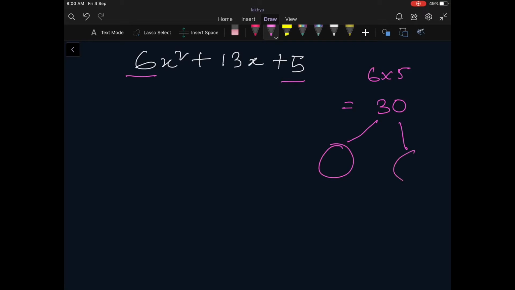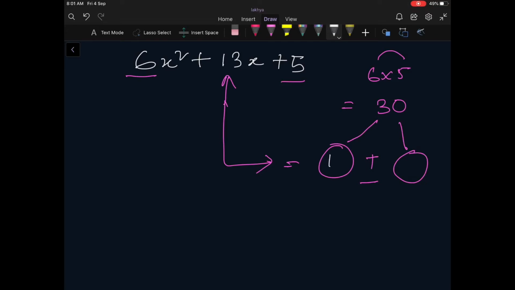Then find two factors such that their sum or difference is equal to the coefficient of the middle term. So it may be sum or difference. Now you see, 6 plus 5 is not equal to 13, and 6 minus 5 is also not equal to 13. So let me find other factors of 30.